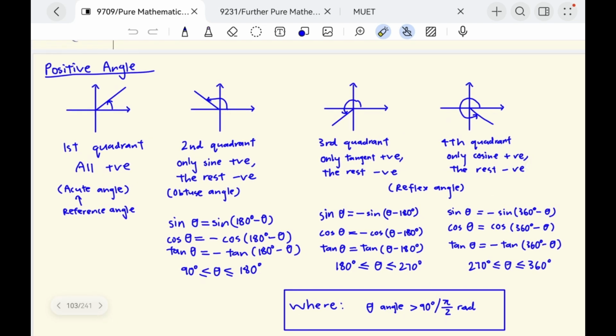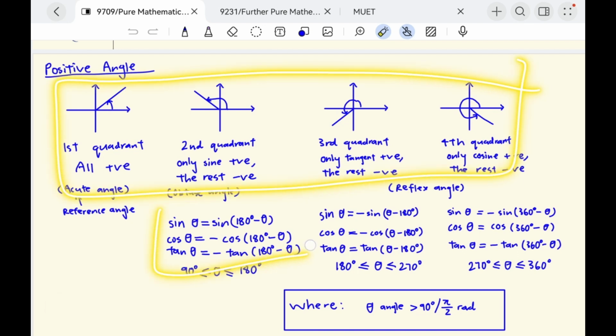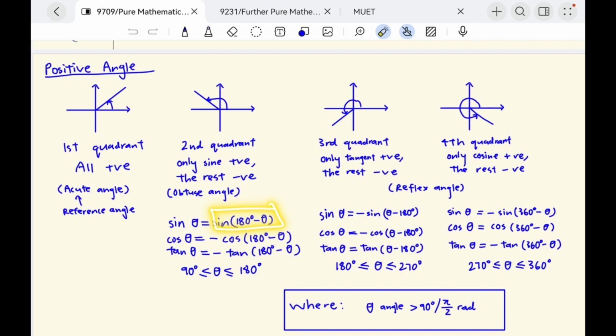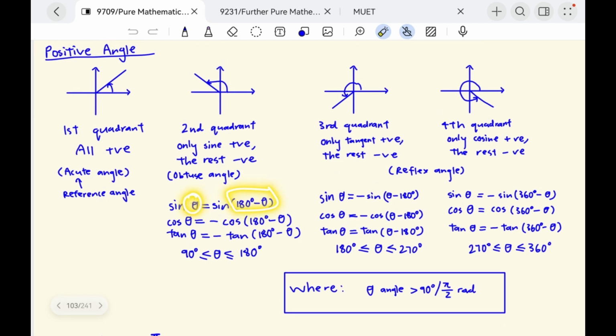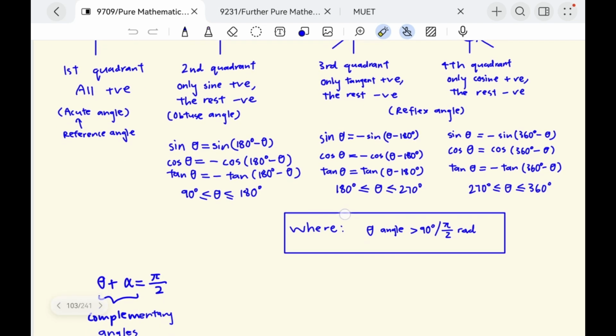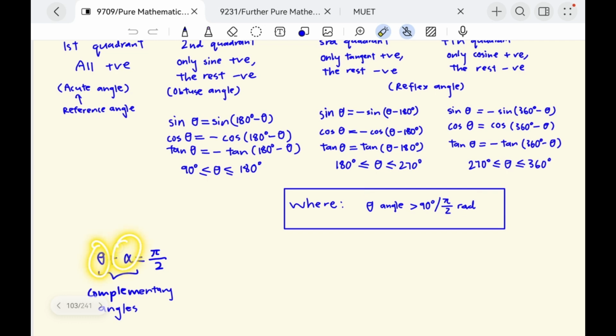Following these four relations, we can conclude that sine theta, where theta is a reference angle, is equal to sine of 180 degrees minus theta. No matter how much these two thetas are, their sine is numerically the same, because the sum of these two are complementary angles to get 180 degrees, resembling theta plus another angle alpha to get pi over 2.